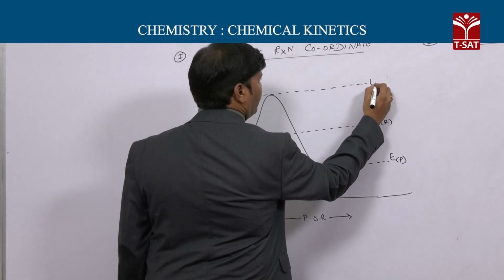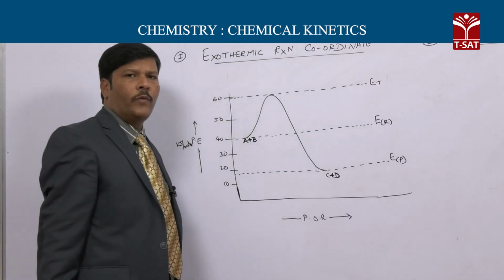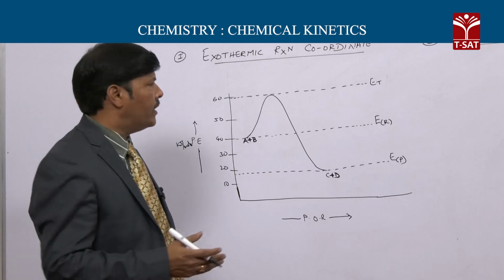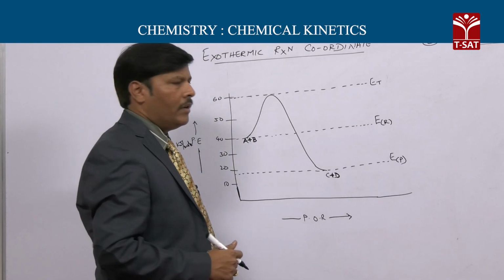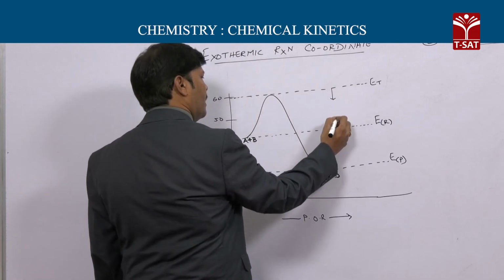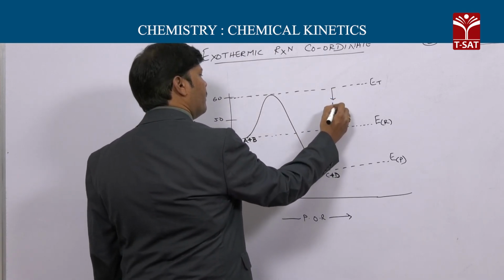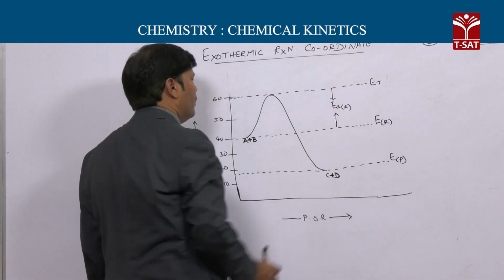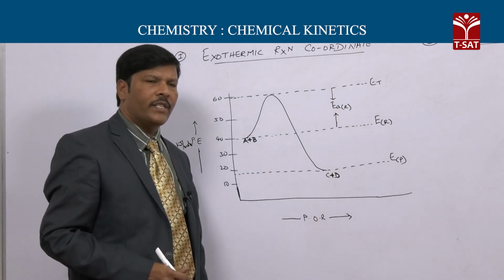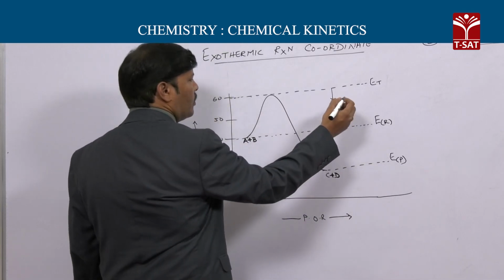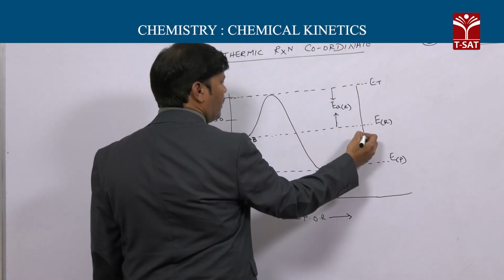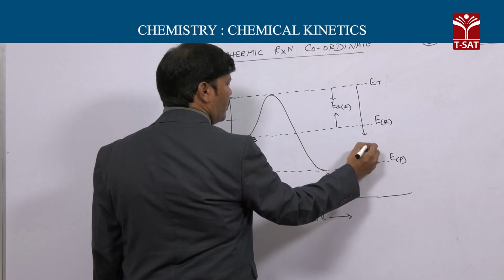If you want to calculate the activation energy of the reactants according to this graph, it is given by EA of R. Similarly, you can calculate the activation energy of the products.